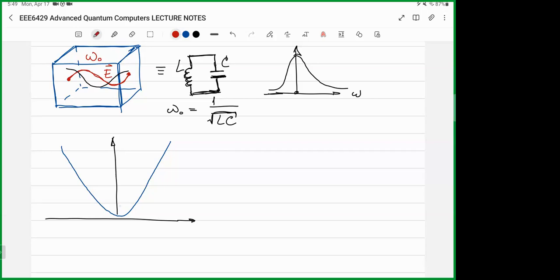It's known that the spectrum of a harmonic oscillator is equidistant. So it would be a spectrum like this, and all energy gaps like this would be of the same energy, equal to h bar omega 0.